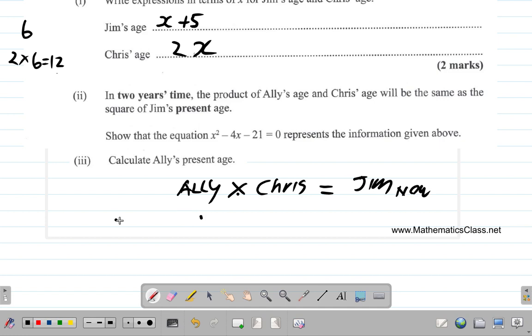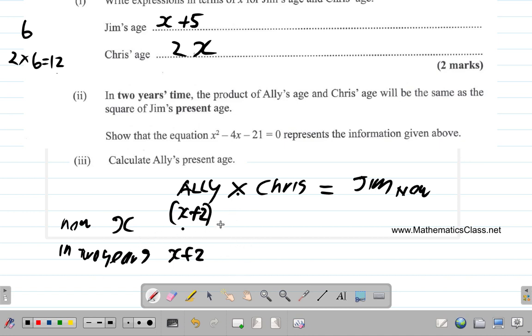Ali is how much now? Ali is x. Right? Now, in 2 years, Ali is going to be x plus 2 in 2 years' time. If Ali is 6 now, then he's going to be 8 in 2 years' time. So Ali is x plus 2, times Chris.